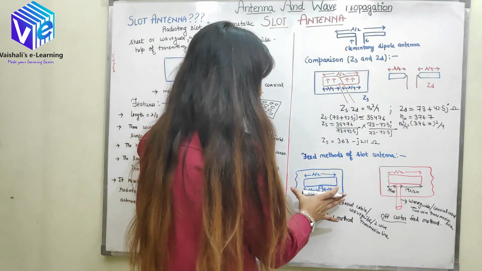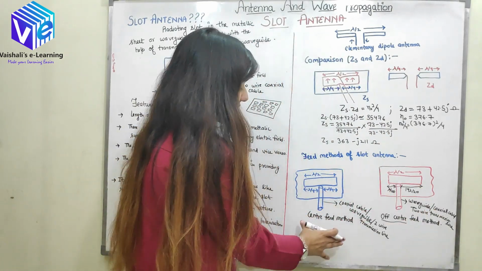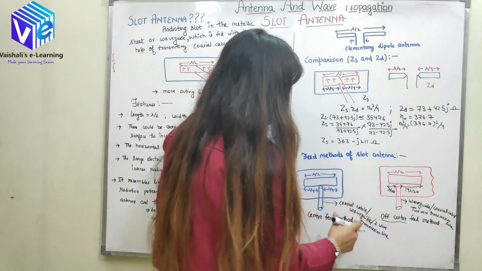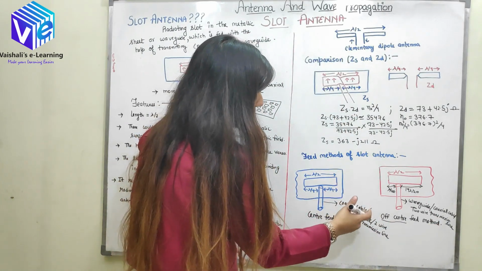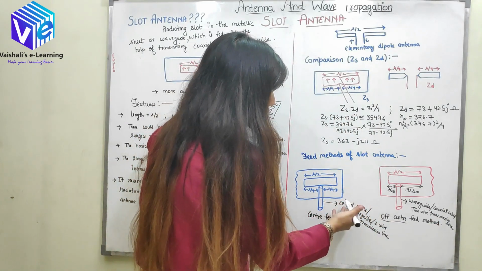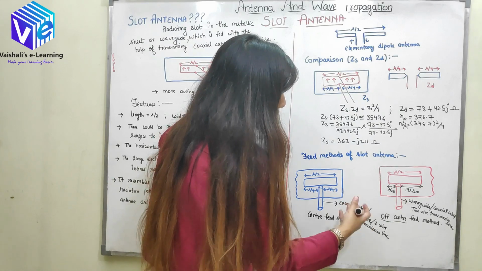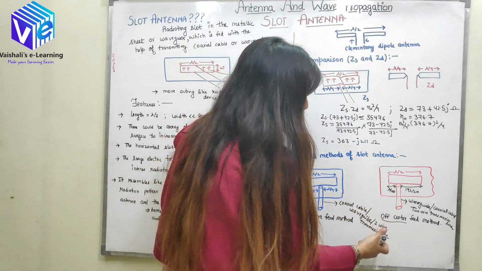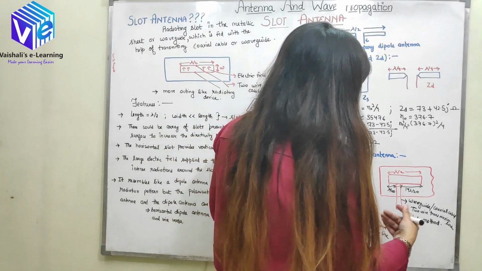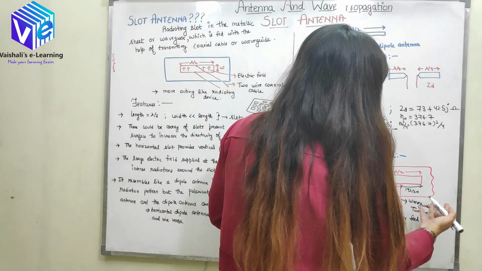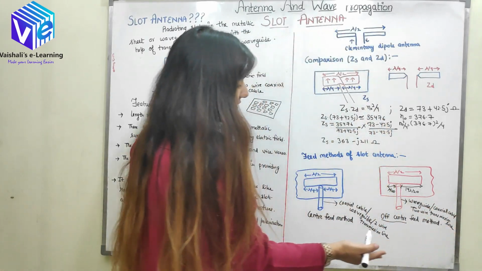So I have two types of feed method, center feed and off center feed, and in center feed I have three cases: the feed could be coaxial cable, waveguide, or two-wire transmission line. Similarly, in off center I could have waveguide, coaxial cable or two-wire transmission line.